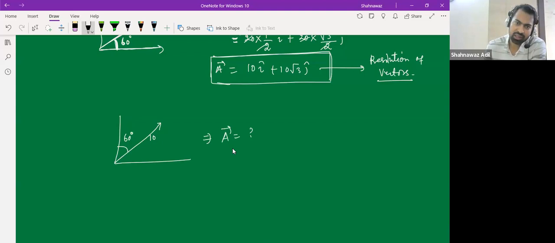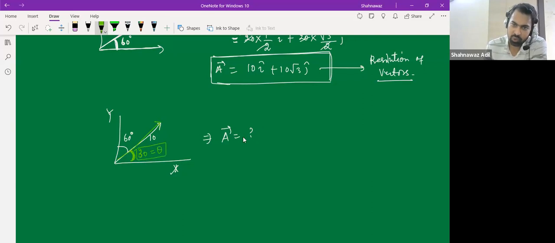Just remember that the angle will always be with the horizontal. So this is the horizontal, this is the vertical. This is the angle that this vector is making with the horizontal. So this angle is how much? Yeah, 30, absolutely. So theta is 30.